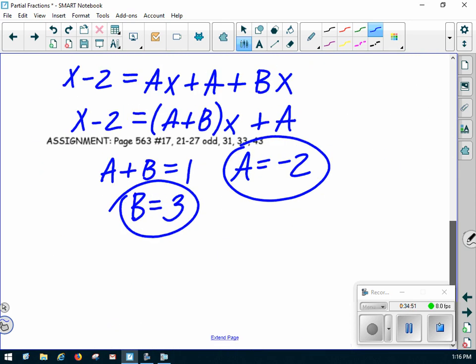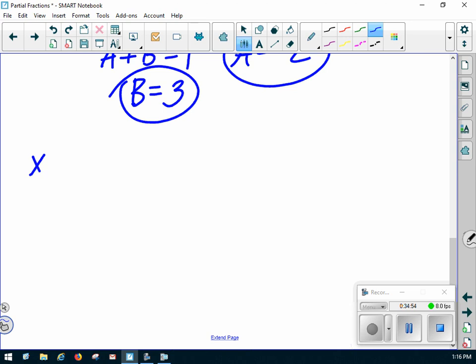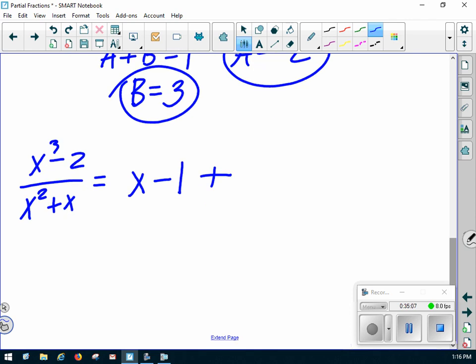X cubed minus 2 over x squared plus x. Would you like the original one now? Equals x minus 1 plus negative 2 over x. That's it.